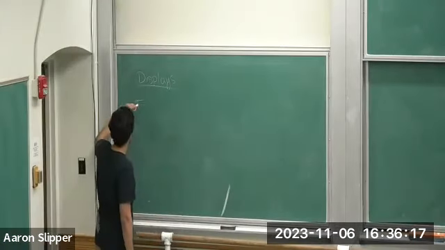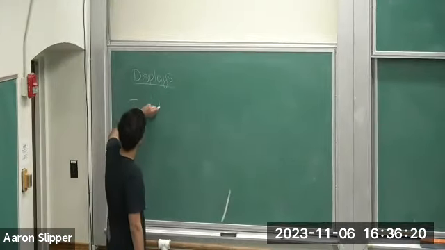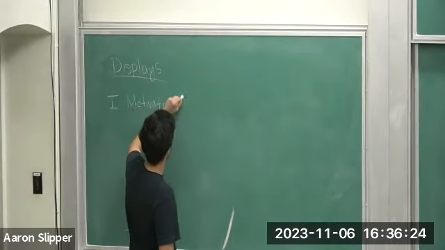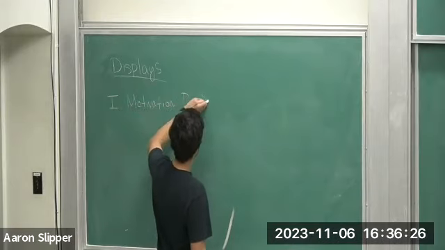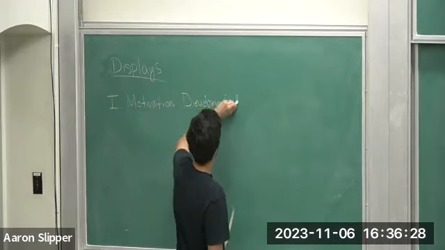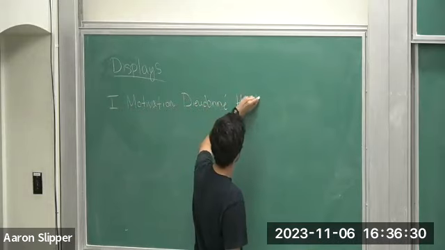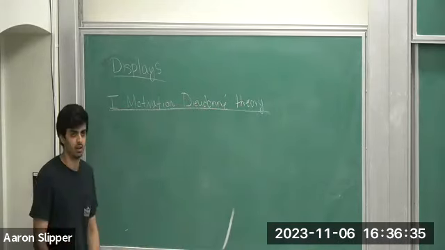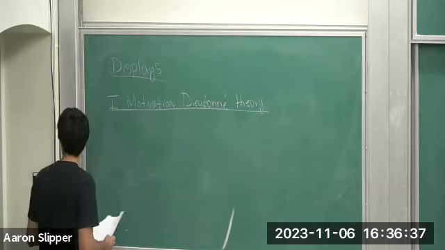So the first thing is a generalization, which comes from Dieudonné theory. So I'll just recall a few things that we've heard before in the theory.